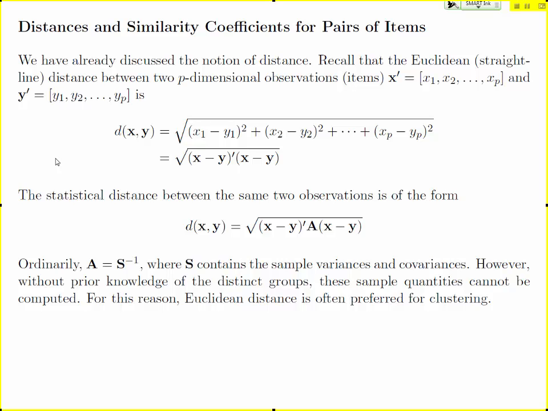So maybe the simplest way to define distance between any two items, whether they're individuals or variables, would be Euclidean distance. Or a statistical distance, which is basically the Euclidean, where we include this weighting by something, capital A, often an inverse of a covariance. But there are different ways to define distance.